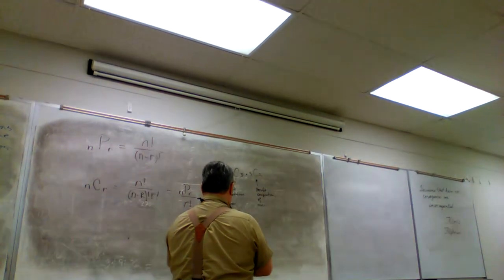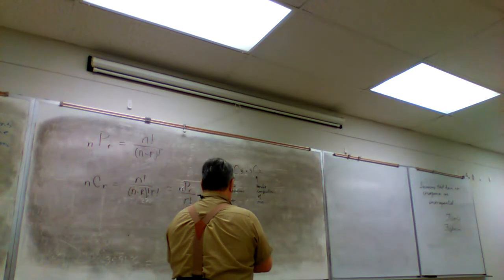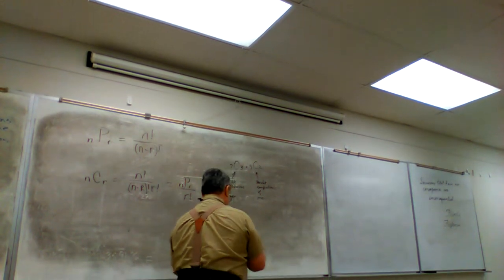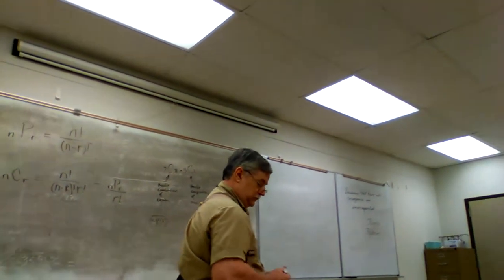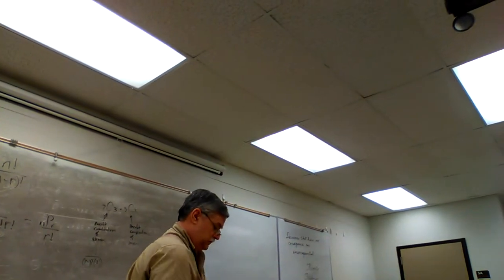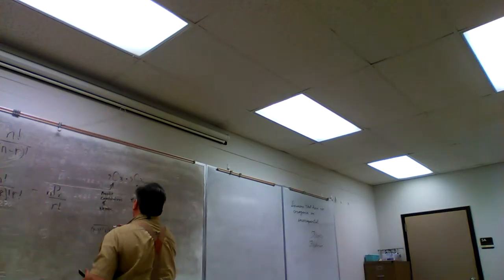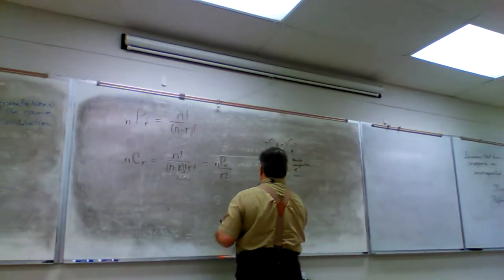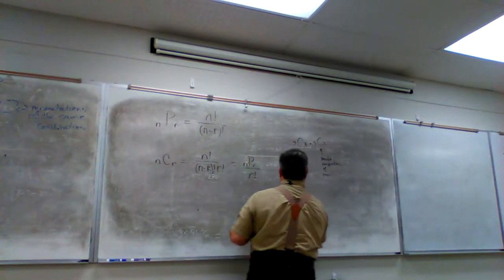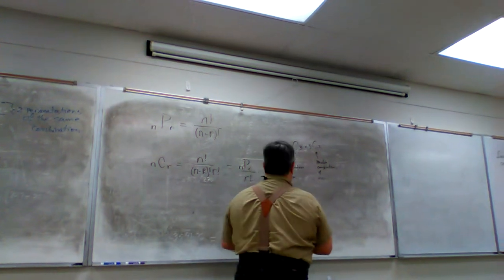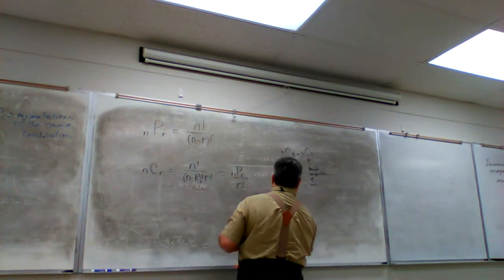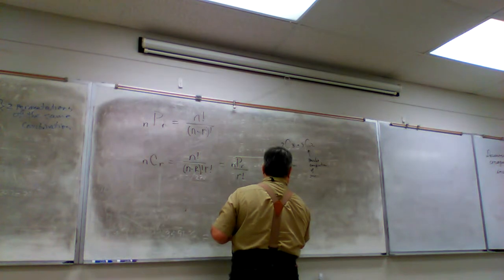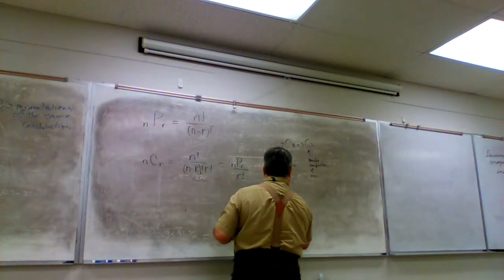So we've got 7 factorial is 5,040. Divided by, what's 7 minus 3 factorial? 4 factorial times 3 factorial.